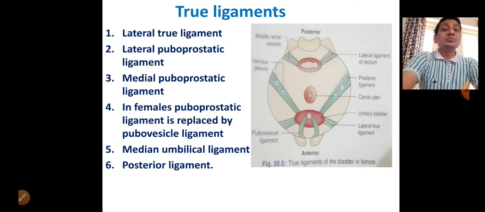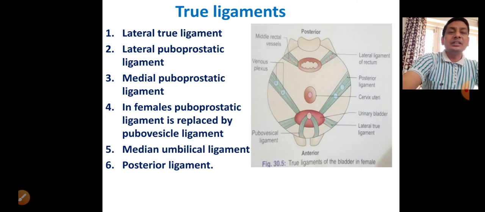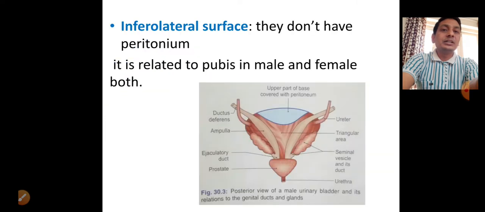Then the lateral puboprostatic ligament extends from the anterior end of the tendinous arch of pelvic fascia to the upper part of the prostate.